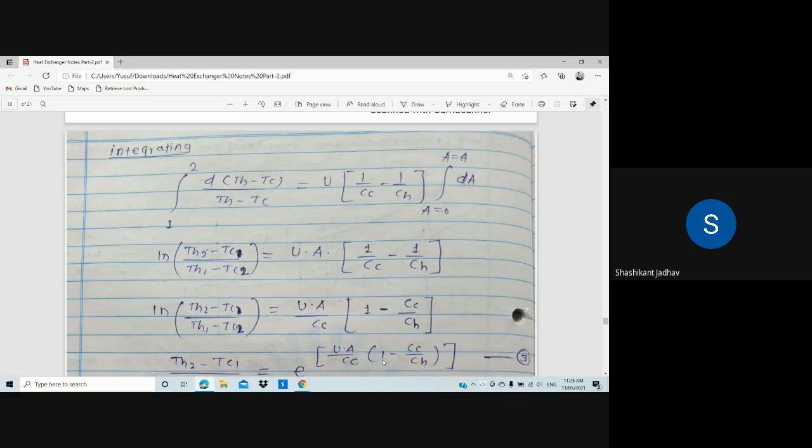So we have to take the exponential on both sides. ln and exponential are opposite to each other. So at the left hand side, we get the equation as Th2 minus Tc1 divided by Th1 minus Tc2 is equal to, taking the exponential at the right hand side, e raised to U into A divided by Cc into bracket 1 minus Cc upon Ch, and that is the equation number 3.